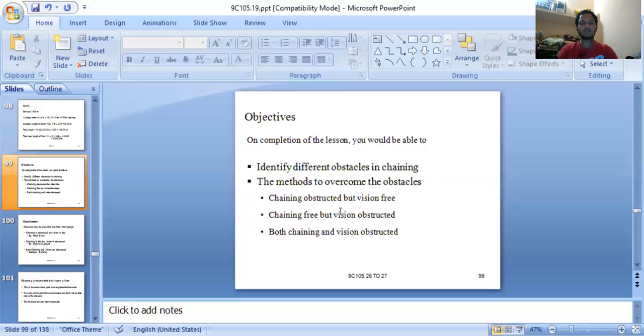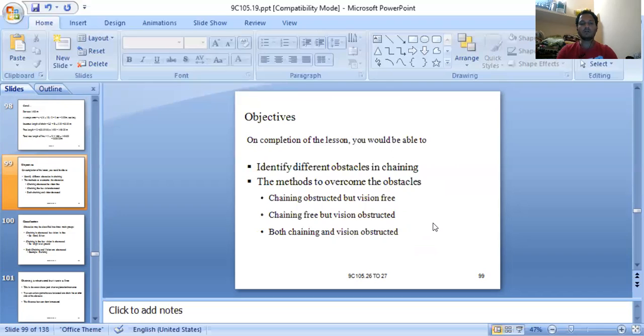Chaining obstructed means it is not possible for laying the chain, but we can see the points from one point to another. Chaining is free, vision obstructed means we can lay the chain over it, but vision is obstructed.